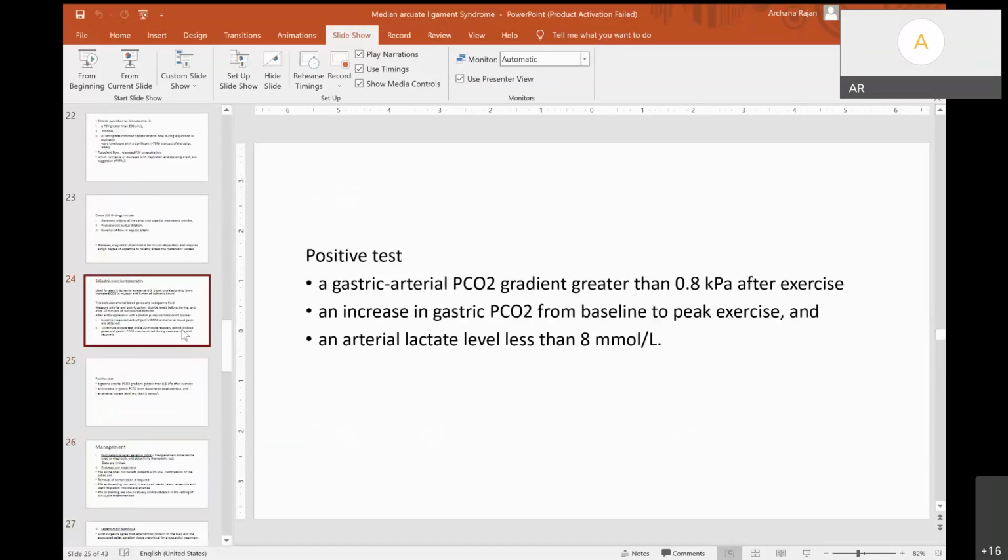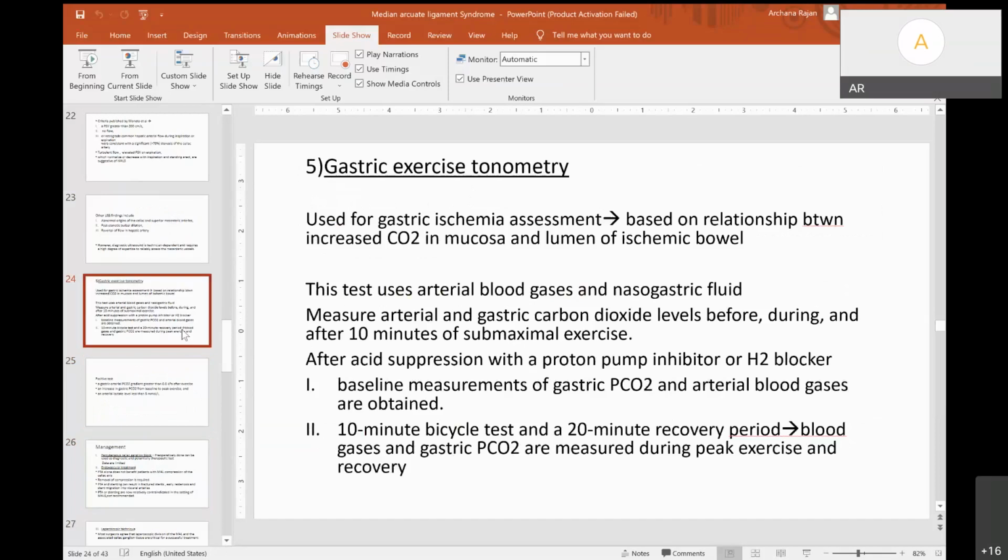Then the other investigation, which is not routinely done, is for gastric ischemia assessment, to determine whether it is related to the celiac artery compression. This is gastric exercise tonometry. It is based on a relationship between increased carbon dioxide in the mucosa and lumen of an ischemic bowel.